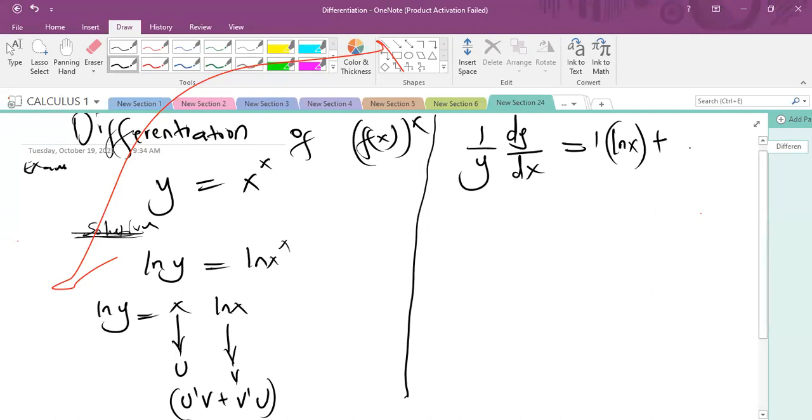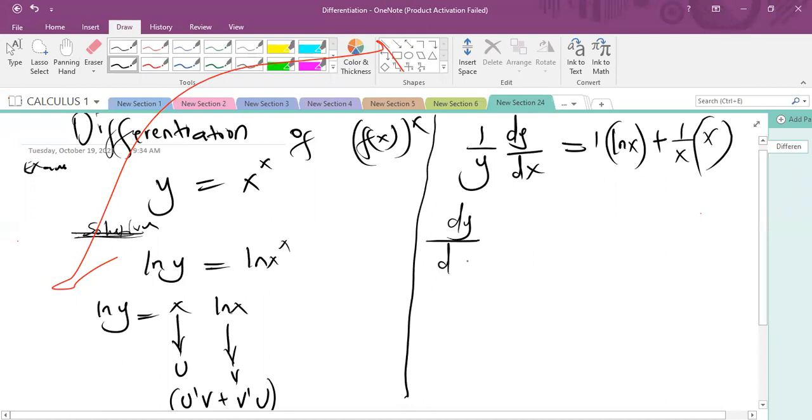If you differentiate ln x, you get 1 over x, multiplied with u, which is x. So what is my dy/dx? dy/dx is equal to ln x plus this x and this x cancel, so we get 1 there. All this multiplied with y. But what is y? y was initially given as x raised to power x.